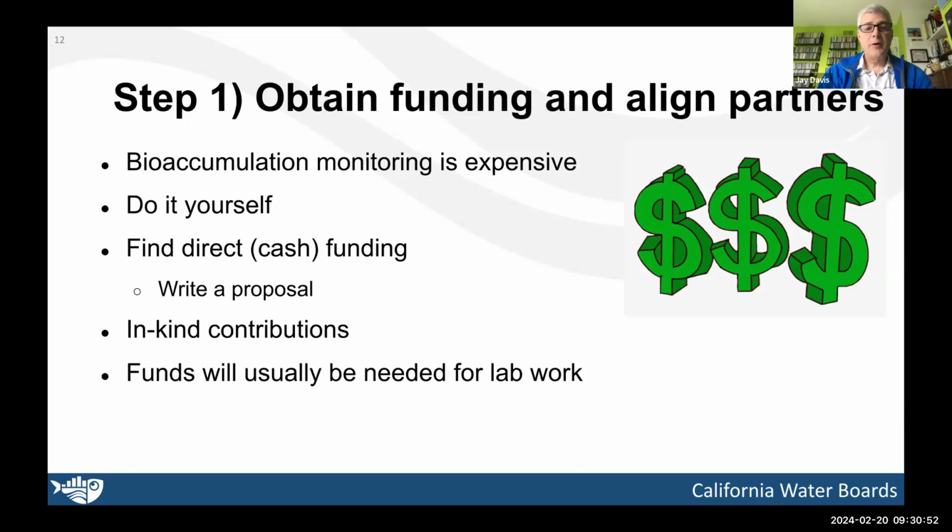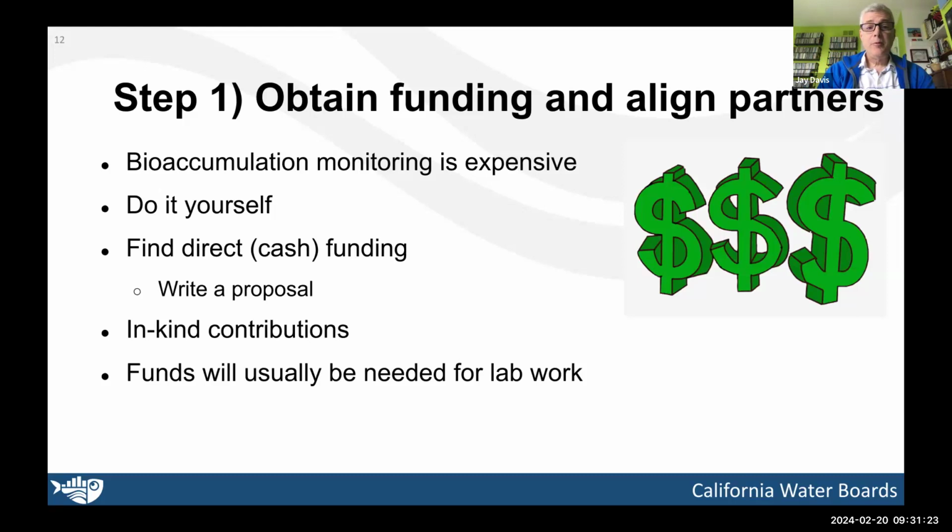These analyses are quite expensive, and it takes a lot of effort to collect samples in a way that doesn't compromise the analysis that you're going to do. You need to make sure that there's no contamination along the way. So a lot of labor goes into collecting samples, and that's why the analysis is expensive, is that it's very labor intensive.